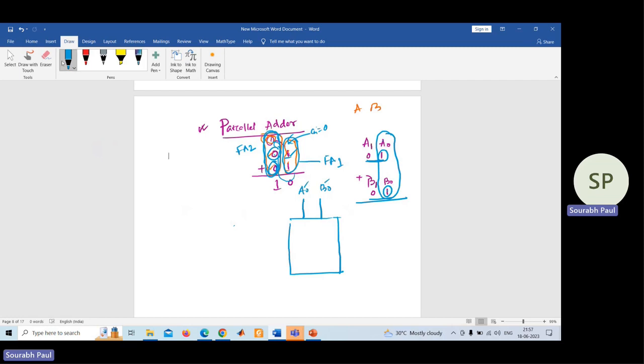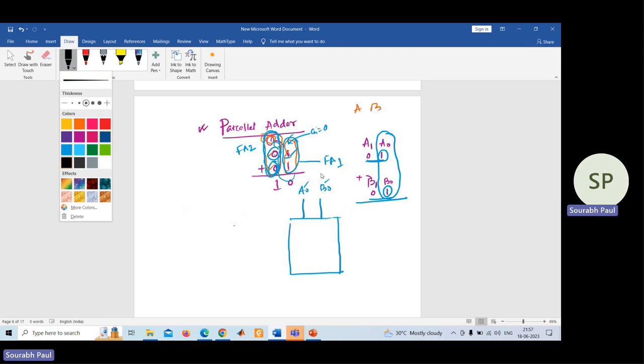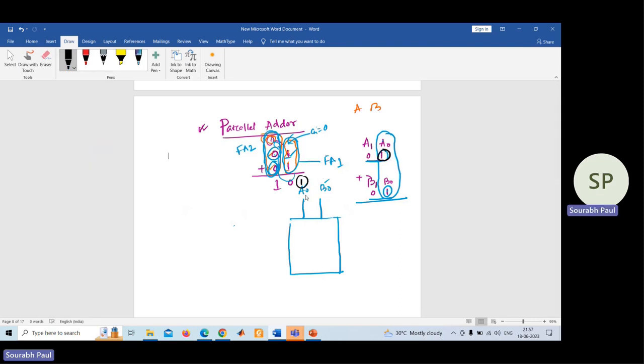For this particular problem, you can apply 1 at A0 and 1 at B0. And what about the third input, that is carry in? Here no carry is there, so you can consider carry in equal to 0. Fine. So this is full adder number 1.